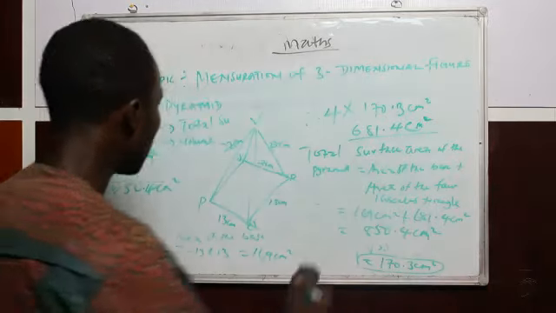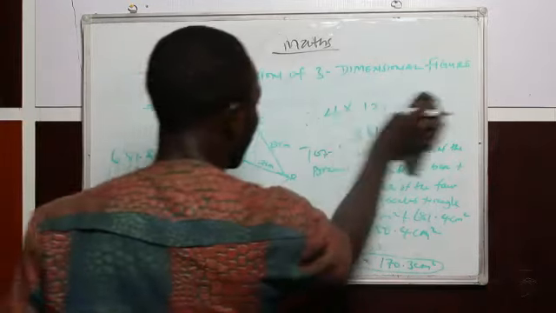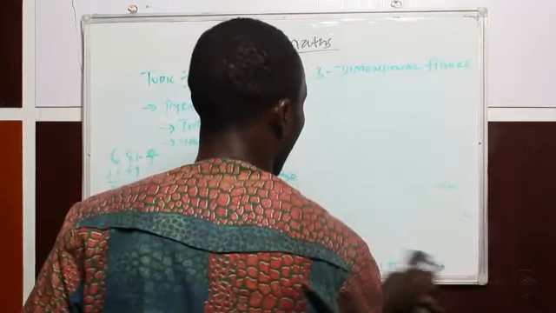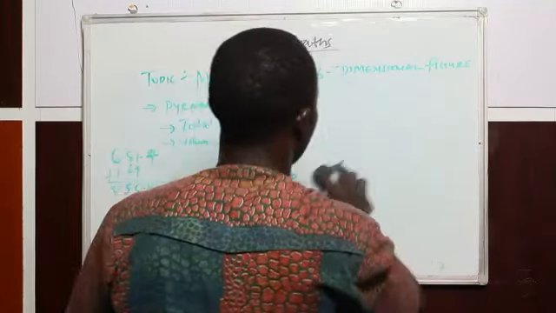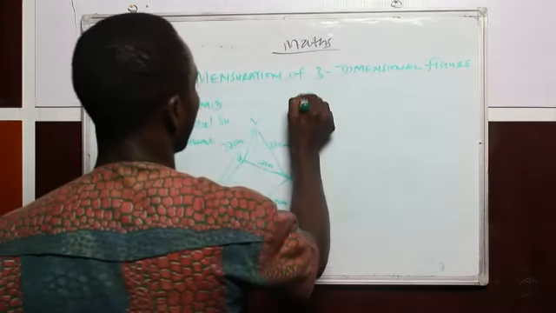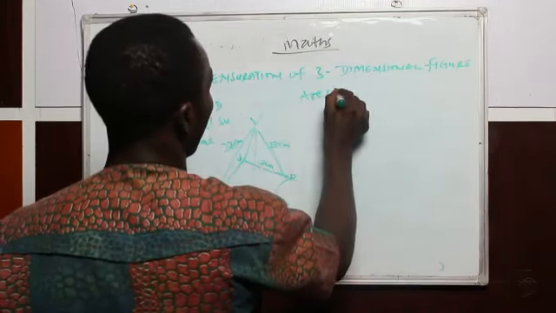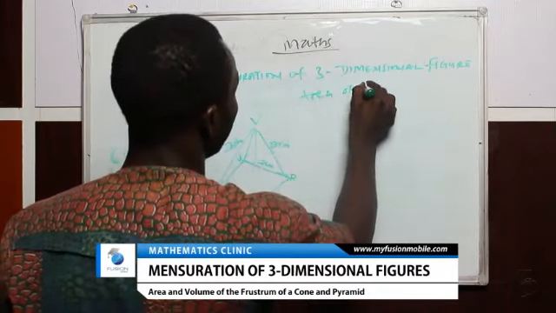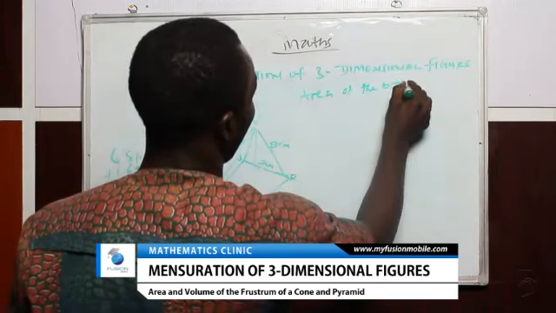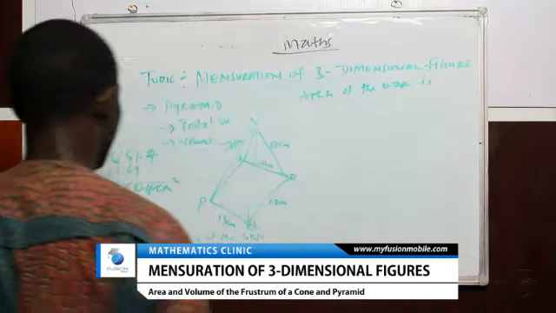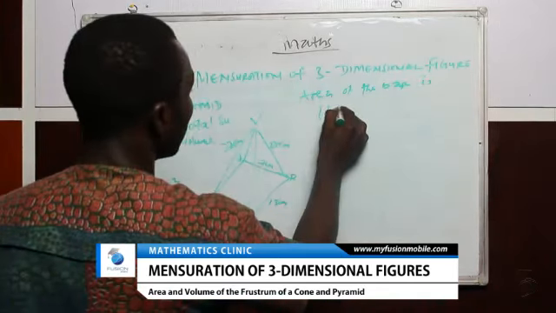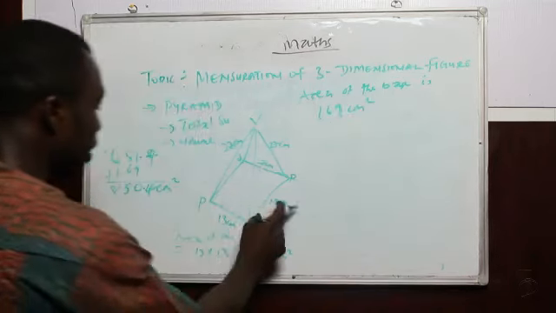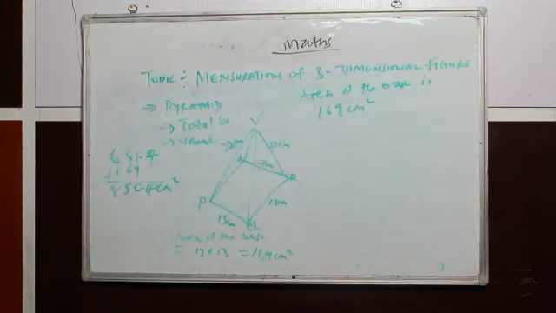The area of the base is 169 square centimeter. That is 13 times 13. That's the area of the base.